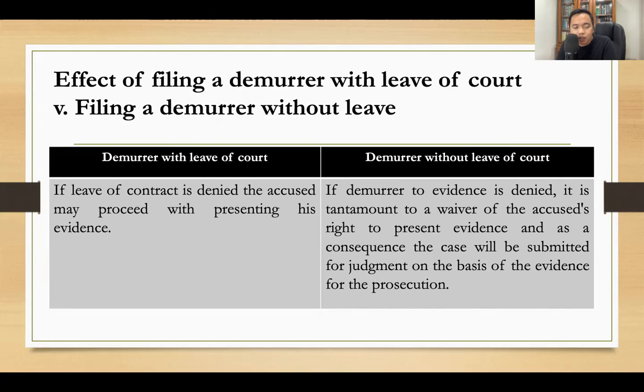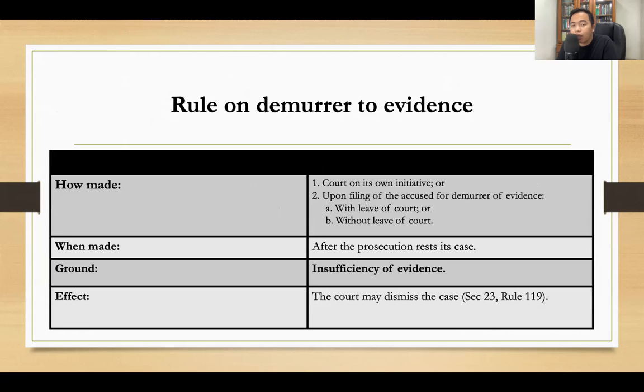Now, what are the distinctions of a demurrer to evidence with or without leave of court? We said earlier, a demurrer to evidence can be filed with leave of court or sometimes without leave of court. What is leave of court, class? When you say leave of court, this means permission of the court.